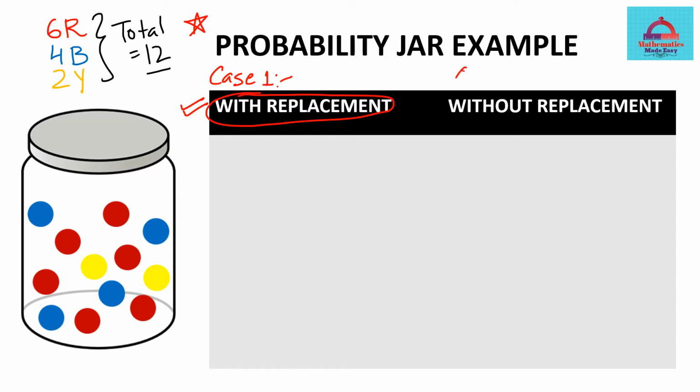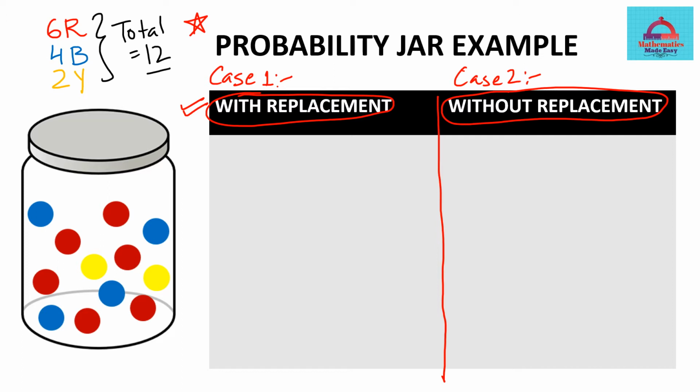Okay, and case 2, the kind of question that can come in your exam is without replacement. And in this category, what happens is in the question, it will be mentioned that once you take a ball or a marble out of this probability jar, it would not be put back or it will not be replaced. So what is the basic difference and what should be our approach when we are trying to solve these kinds of questions? Let's understand.